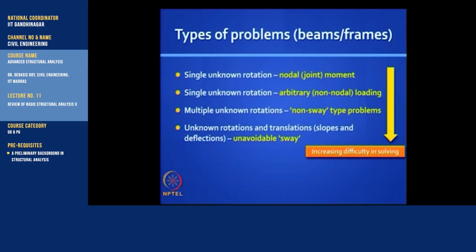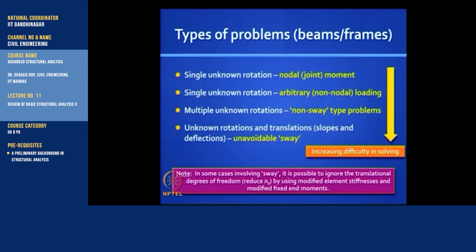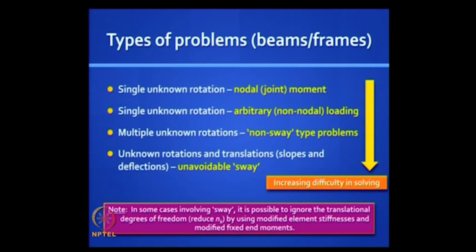So this is increased difficulty in solving, and please note that in the earlier problem also we had that guided fixed support swaying, but we bypassed it. We had also rotations at the simply supported ends, we bypassed that.